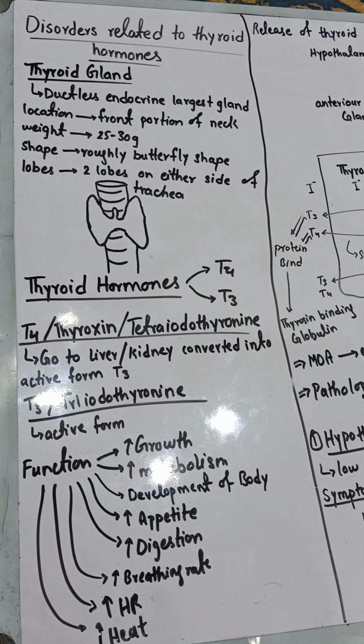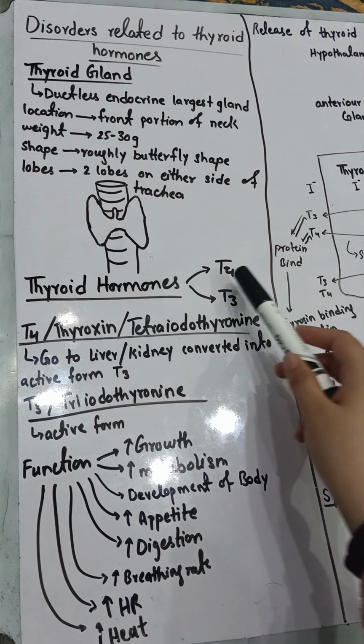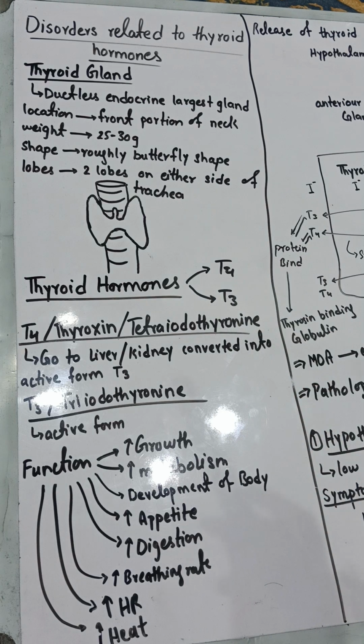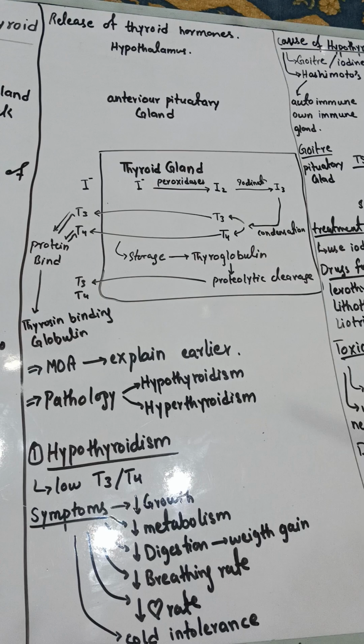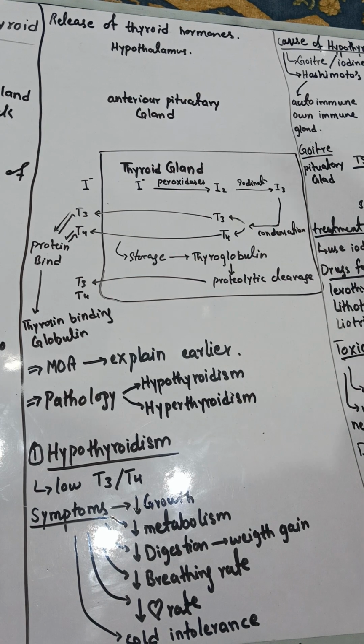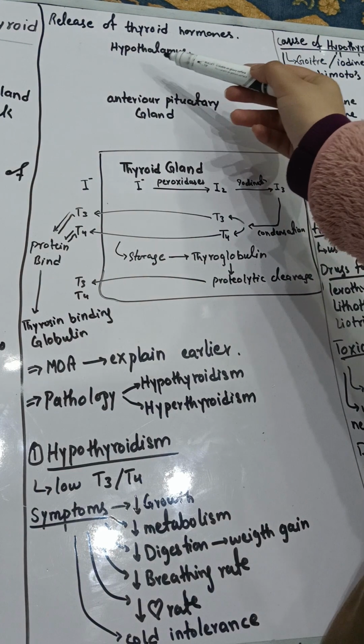Now we are going to start how these two hormones, T4 and T3, are released from the thyroid gland, and also we will discuss what kind of diseases happen in their disorders. Here I have shown how the thyroid hormones are released. You know very well the hypothalamus is present.